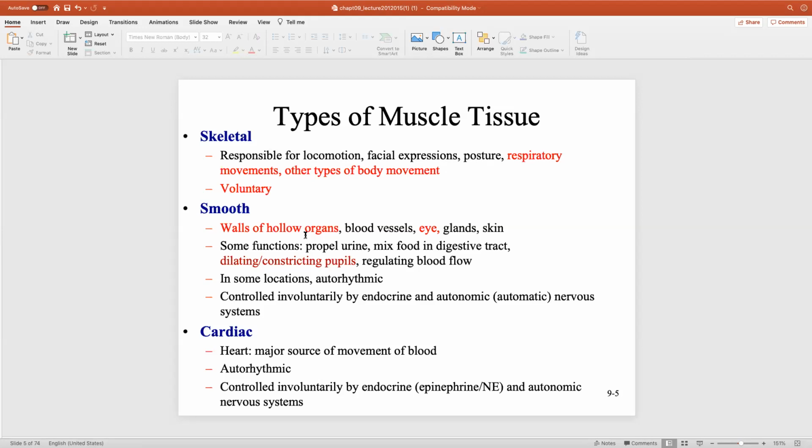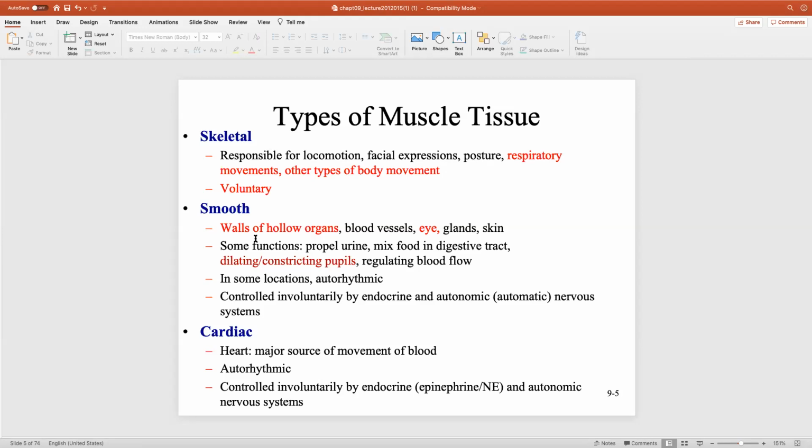Can you imagine how boring your life would be if you had to keep thinking about activating the smooth muscles of your GI tract as you are digesting and absorbing food for 4 or 5 hours at a time? And you have to voluntarily cause this effect. Well, we don't want that kind of very boring thing to do.